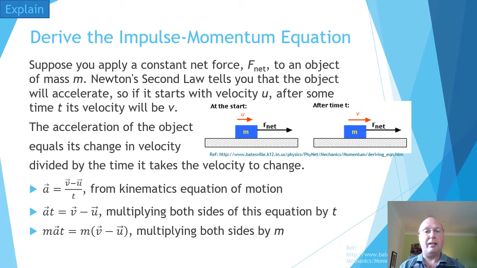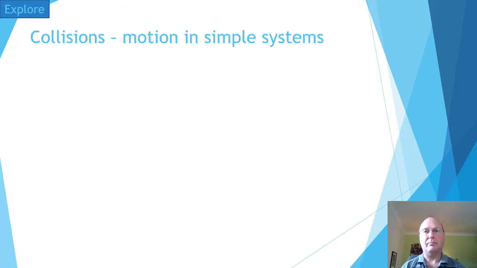Now note carefully that ma on the left is the same as F net, or sigma F. And if we multiply out the brackets, we now have sigma F t equals mv minus mu, which is delta p. That's the impulse momentum equation.